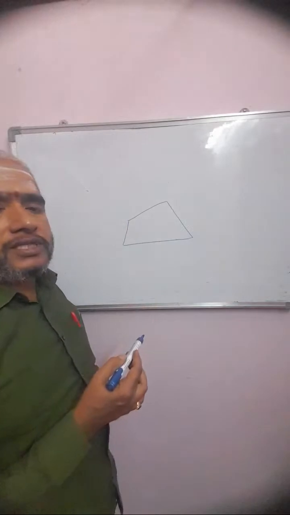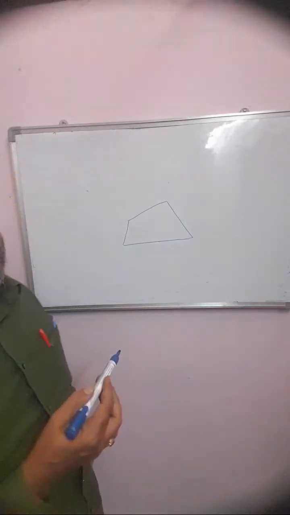Even the board is an example of a quadrilateral. A figure bounded by 4 line segments is called a quadrilateral. See here.